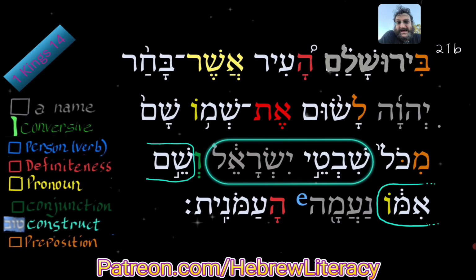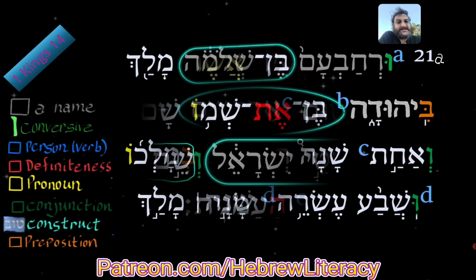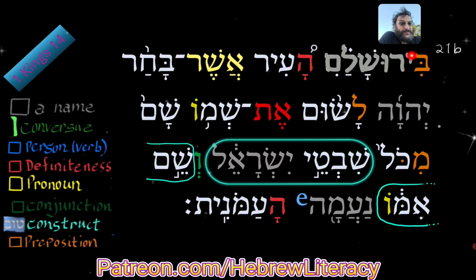So remember, the last word on the previous page was malakh. He reigned. Birushalayim. And look, we have another example of that. You can't have two schwas in a row. We lengthened, and because Yerushalayim has a schwa under there, we have that special lengthening here, where the yod stops acting like a consonant.